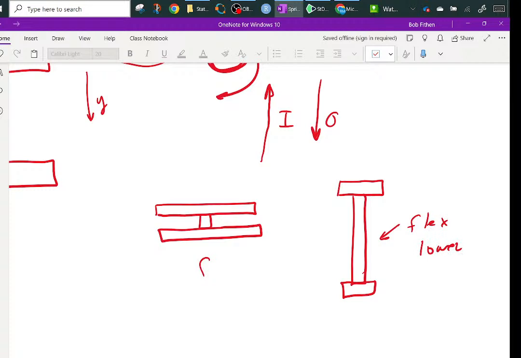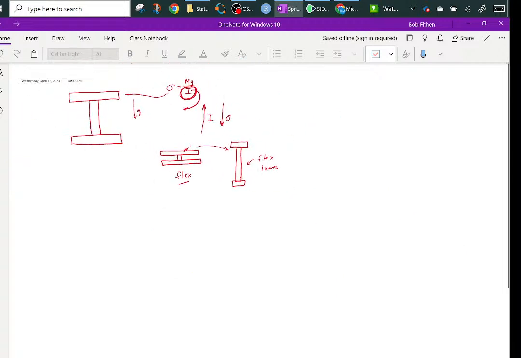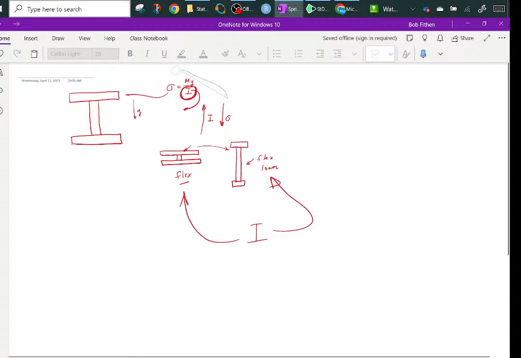This one will flex a lot. But also the stresses could possibly, depending on a couple of circumstances, be higher here than here. So the I term plays a role both in the flex and the stress here. So this I term is very important going forward for you.